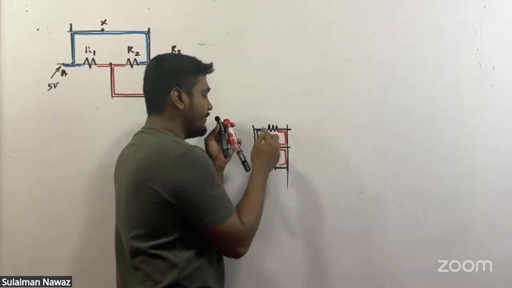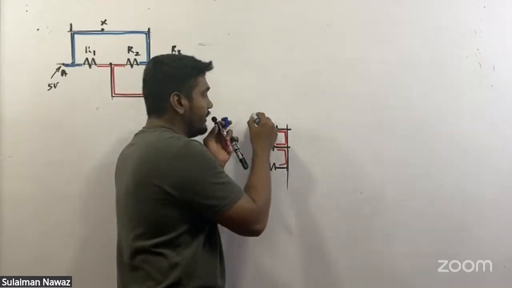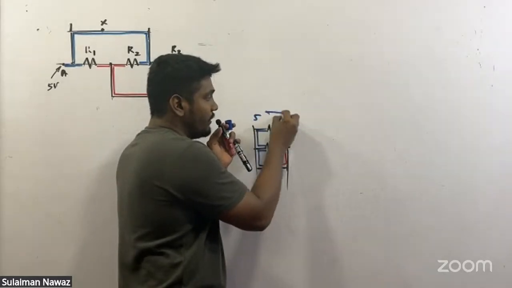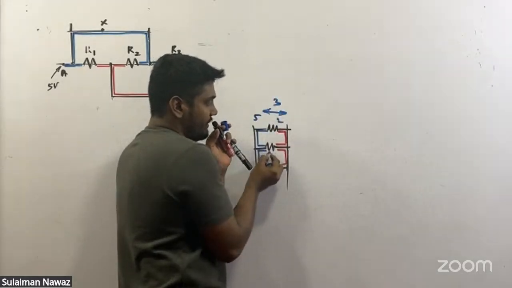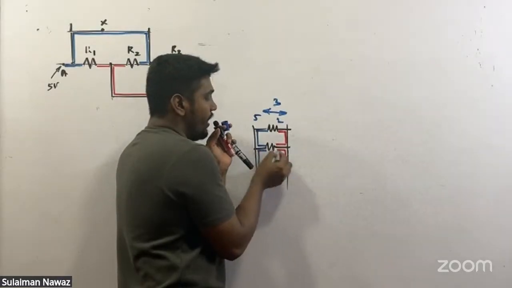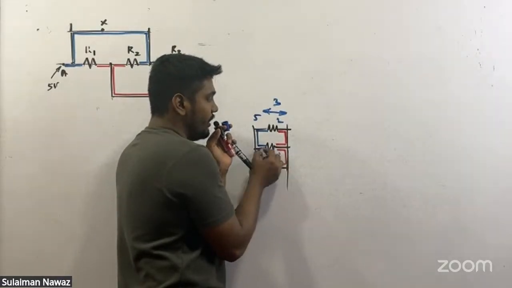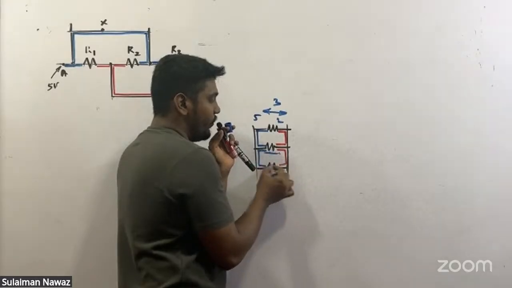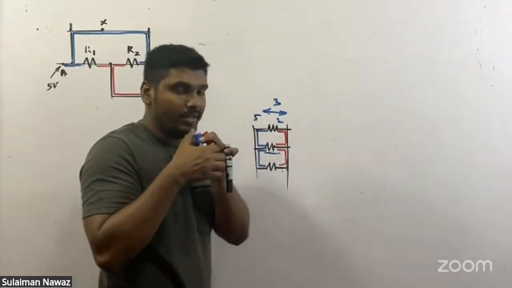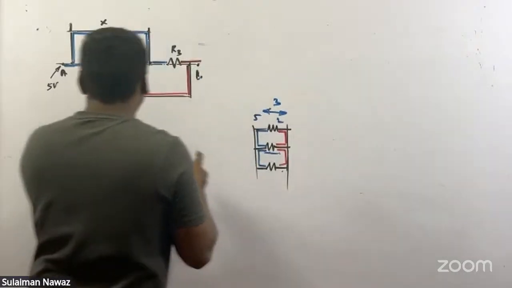Blue is 5 volts, red is 2, so 5 minus 2, 3 volts potential difference. This resistor, terminals are in blue and red. Blue is 5, red is 2, potential difference is 3. Blue and red. Same story here.